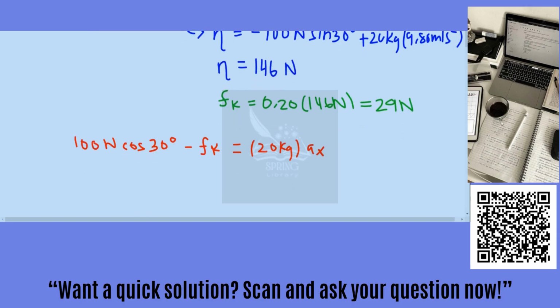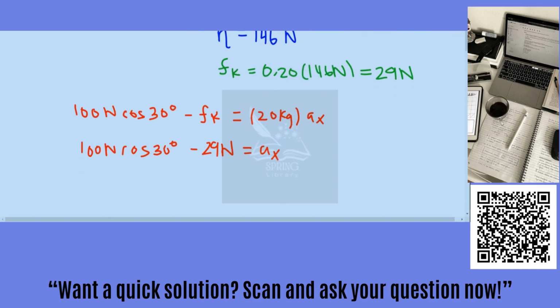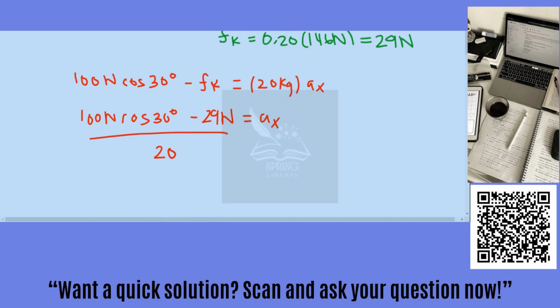So I'm just going to sub in friction here. So we've got 100 newtons cos 30, and I'm going to divide both sides of the equation by 20. So that gets rid of that. And so when you plug that all into your calculator, you should get a value for acceleration of about 2.9 meters per second squared. So that is one way that we can interpret the equations and solve them in this case.